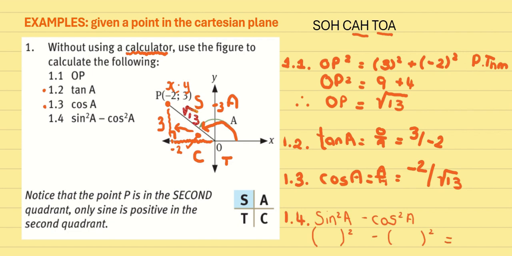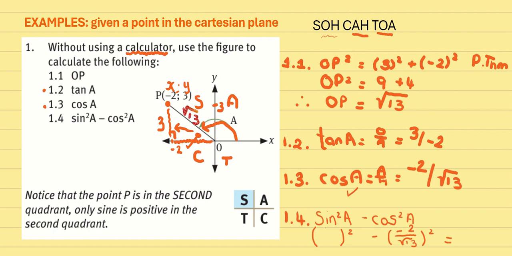So now finally we need to find sine squared A minus cos squared A. Important to remember, and as I wrote down, we find the sine of A and then we square it, then we subtract cosine of A and then we square that. Now I'm going to fill in cosine of A because we already have it. So cosine of A was found to be negative 2 over the square root of 13. Okay, and now we just find sine of A. Sine goes with opposite over hypotenuse, and so the opposite here is the 3, right?